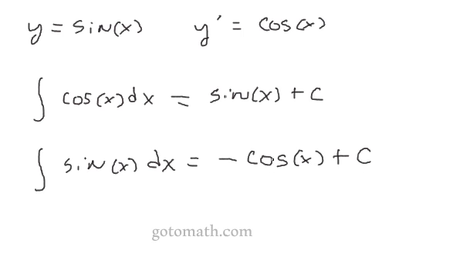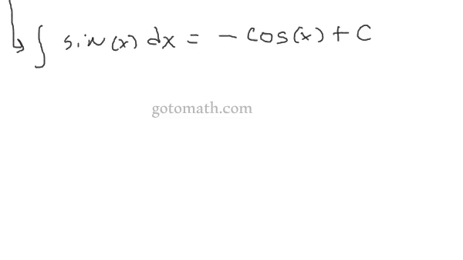So if we take the derivative of cosine x, remember the derivative was negative sine x, so that negative and the negative will cancel out and you'd just be left with sine x. So you're going to have to memorize these guys, the integral of cosine x and the integral of sine x, right? I know that could be confusing right now, but the only way you're going to learn this stuff is you're going to have to work a lot of problems. Okay, and once you do, you'll get it down, I promise.